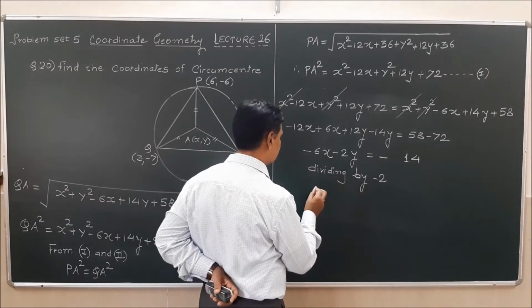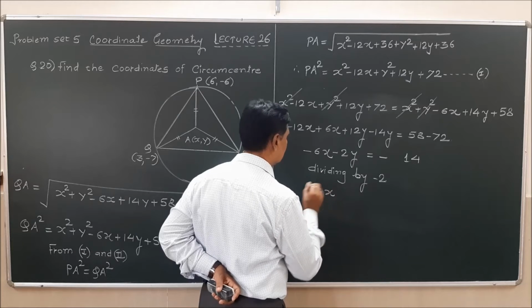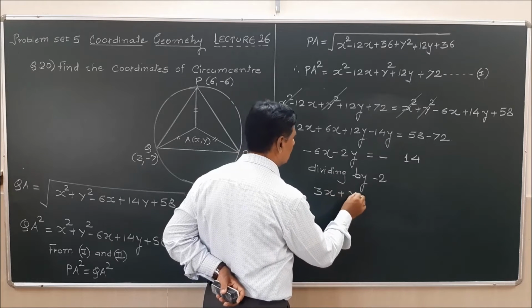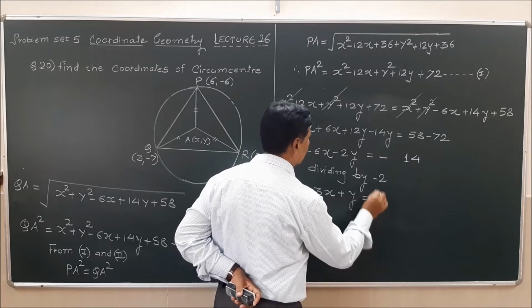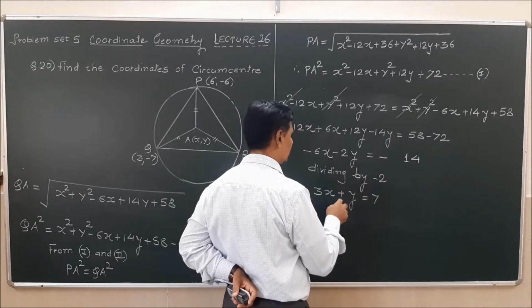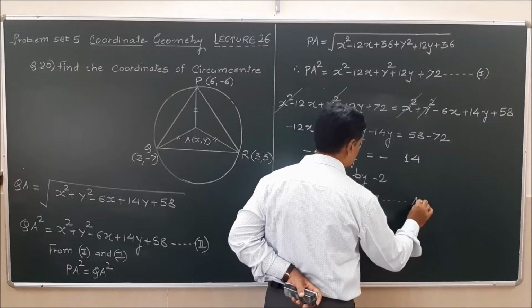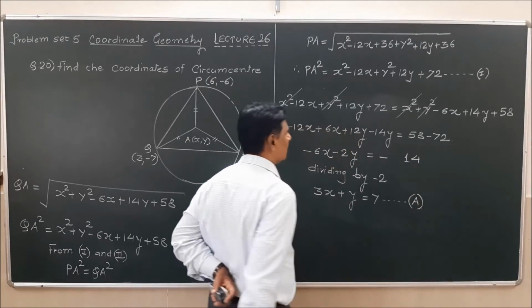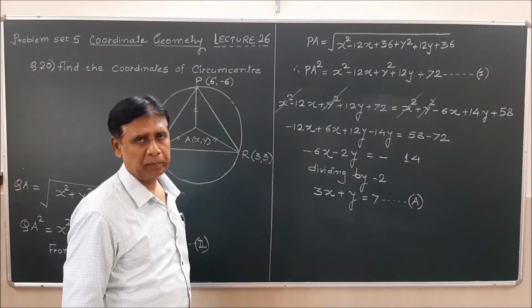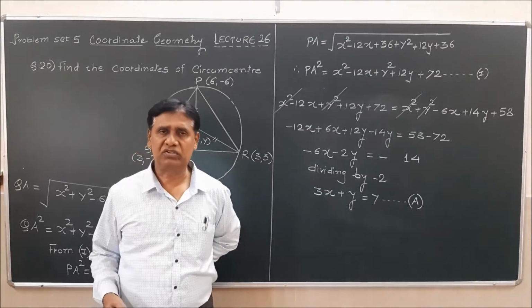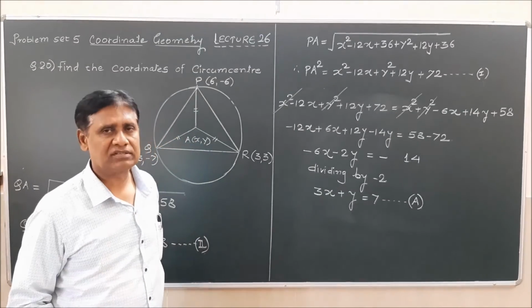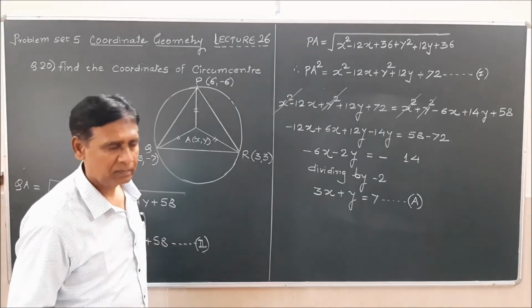So 2 3s are 6, 2 1s are 2, and 2 7s are 14. Please note it becomes plus, this also becomes plus, this also becomes plus. So this is how you obtain the first equation, or we can say the first simultaneous equation.